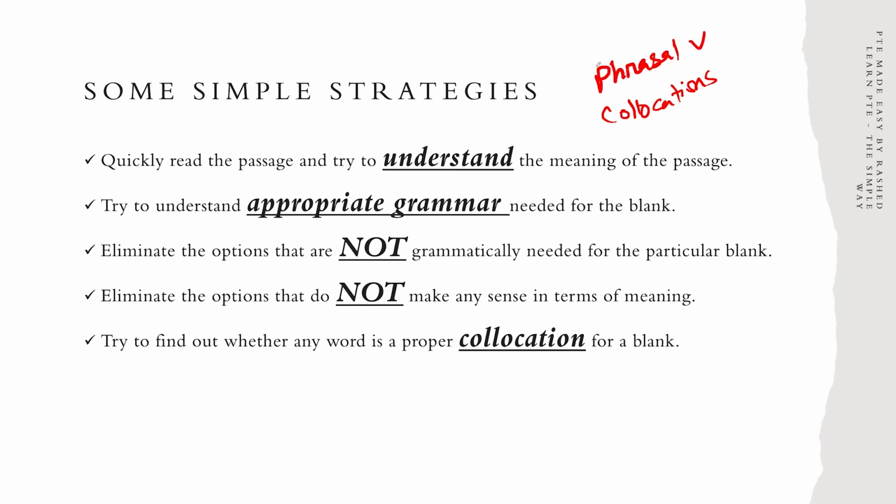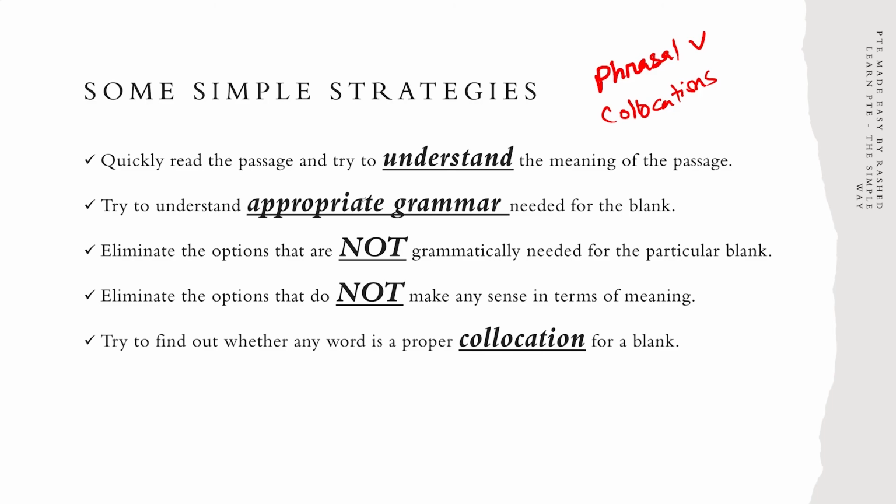Whereas take off can change to a totally different meaning when it goes to plane. You have heard this term that plane has taken off. That means the plane has started to fly. So the meaning of that particular group of words, the phrasal verbs, the collocations can change based on the situation. So it is important that you understand the meaning of the passage and you understand the situation.